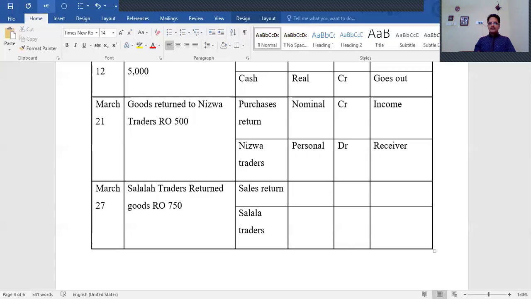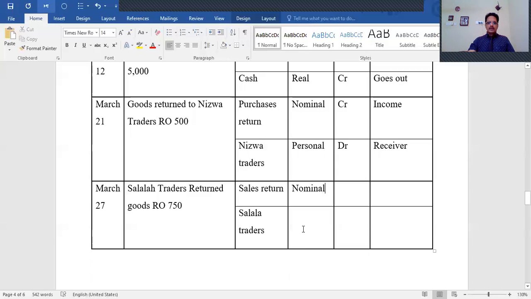Sales return is also just like before. You need not understand it as sales or revenue in that manner; there are only three accounts here: personal, real, nominal. So sales is related to revenue, and revenue comes under nominal account.